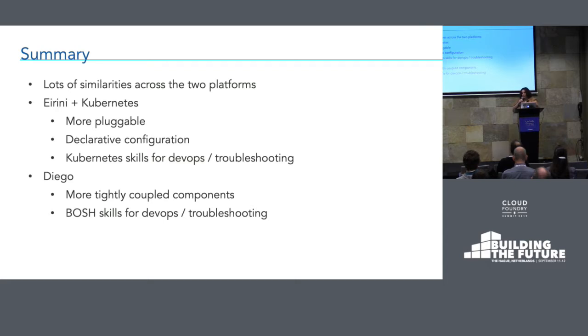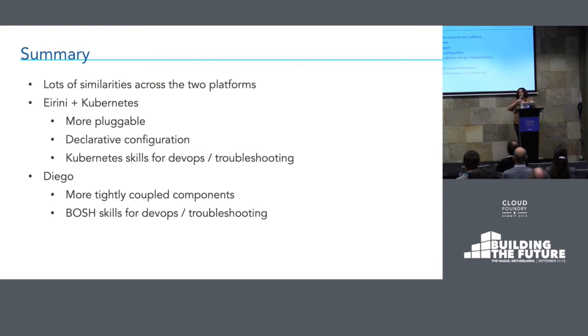You have a lot more control. Whereas Diego is a lot more of a configuration that we know works really well together. You can't go in and add your own container runtime, but we guarantee that Garden works really, really well for Cloud Foundry. With Kubernetes, you have more of a declarative configuration.